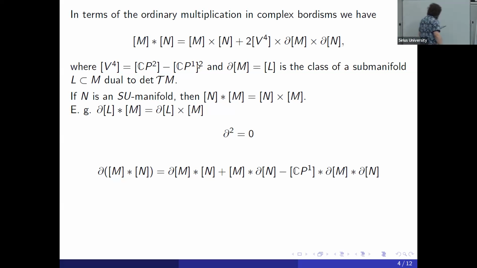For example, what if we consider the following thing? We consider such a ring, the Burnside ring of some field K of characteristic 0.